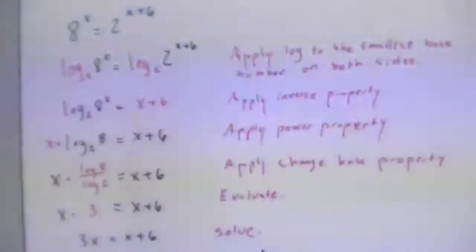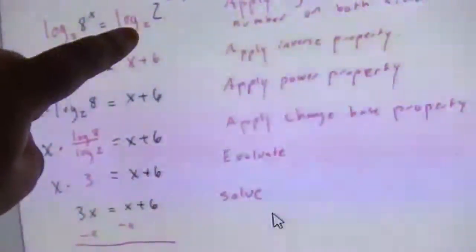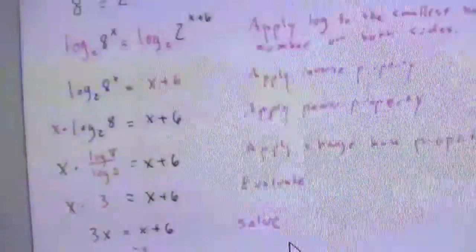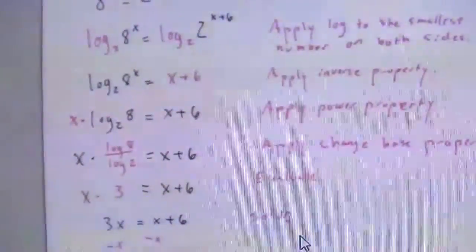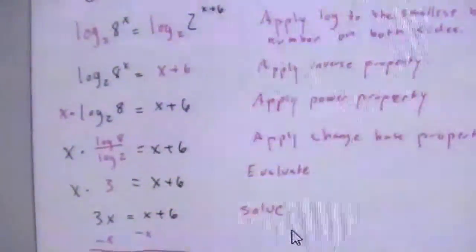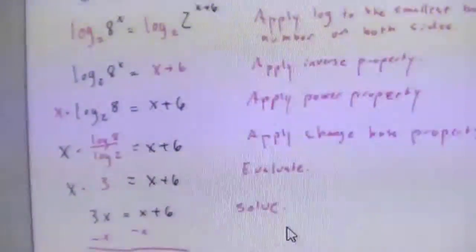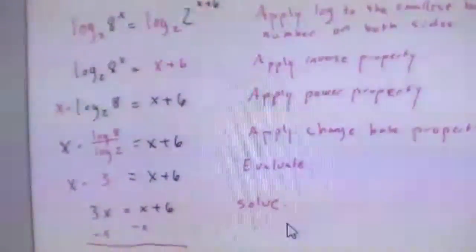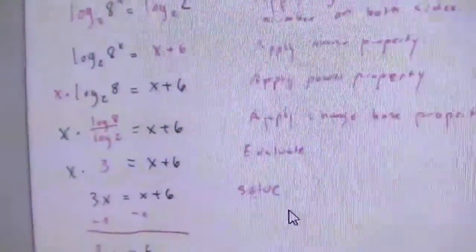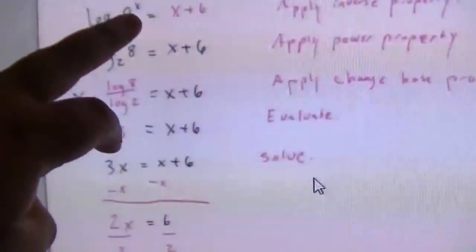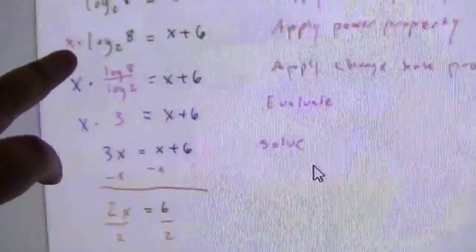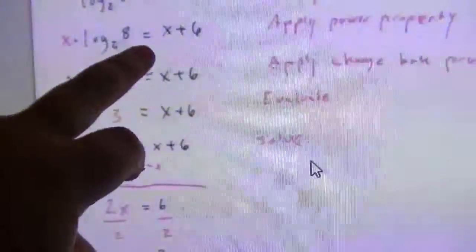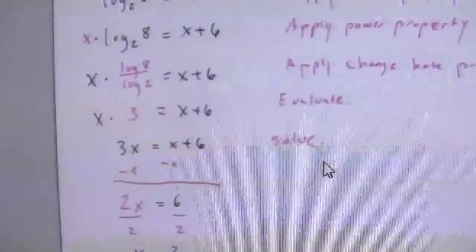And when you have the inverse property, as you can see, what you can do is now bring down the exponent. You have x plus 6 equal to the log of base 2 of 8 to the x. And then, since you want to use the inverse property again, you can bring down the x, and you have x times log of base 2 of 8 is equal to x plus 6.